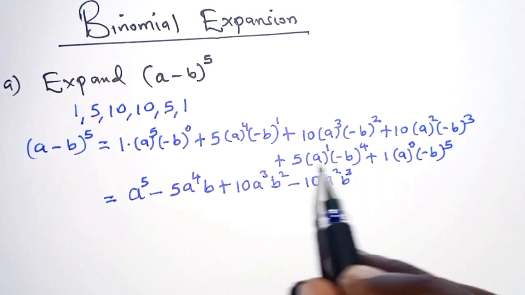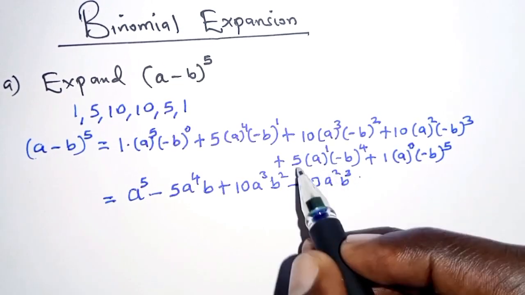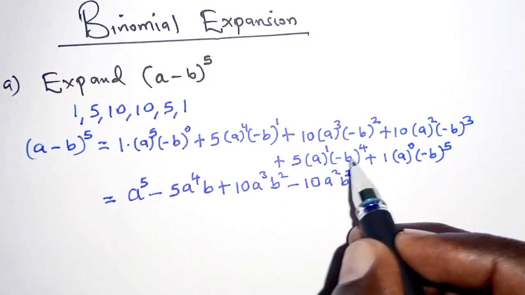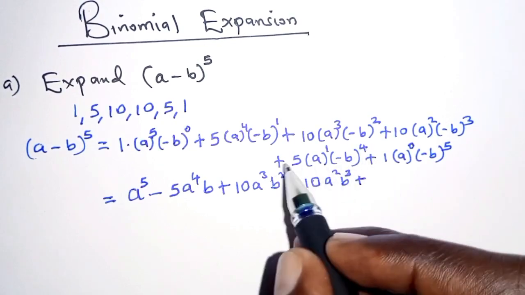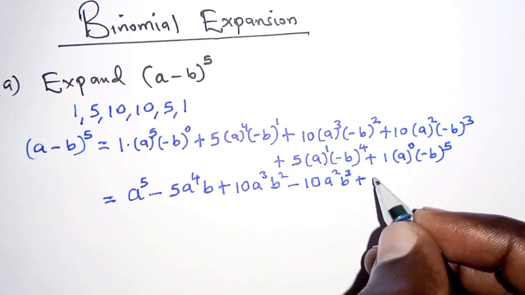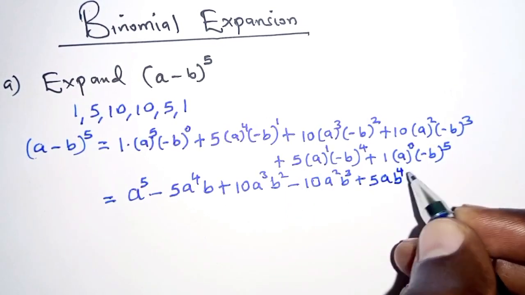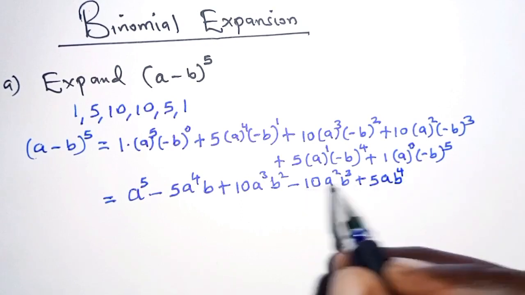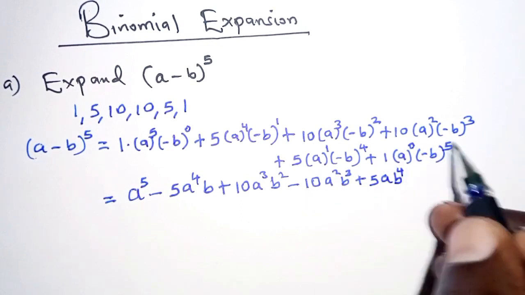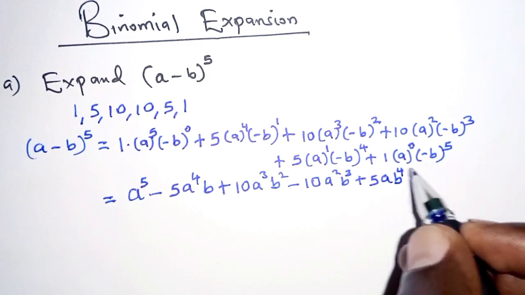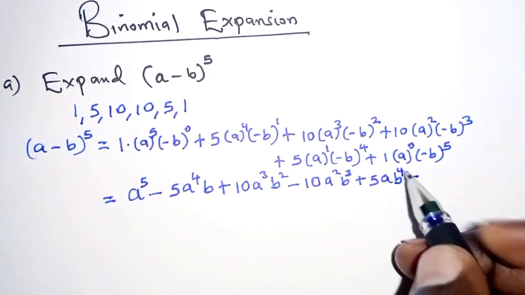Let's move to the next term. Here we have plus, because negative b is raised to an even power, so we add: 5ab^4. Lastly, we have the last term, negative b raised to 5. 5 is odd, so the result is negative.